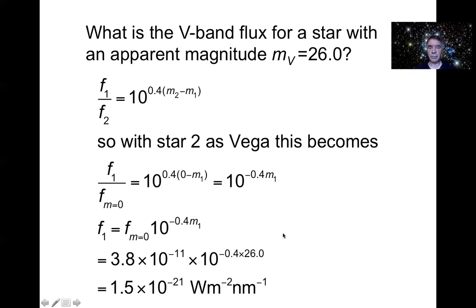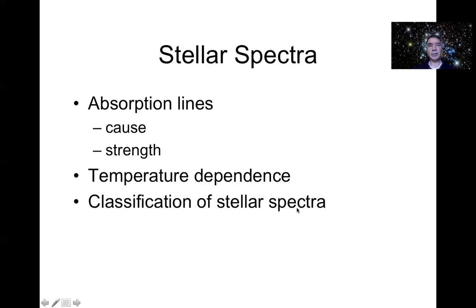Okay, so on to this lecture's topic. Over the last couple of lectures we've been looking at what kind of information we can gain from the continuum spectra, when we looked at the shape of the continuum light.